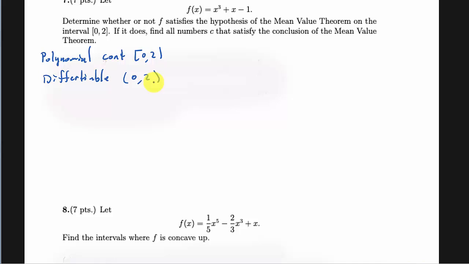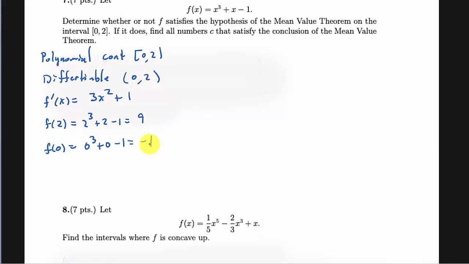All right, so here we go. So remember the mean value theorem. We're gonna need f prime of x, which is 3x squared plus 1. We're gonna need to know what f of 2 is. And I'll write the formula up there in a minute, but that's 2 cubed plus 2 minus 1, which is 9, and we're going to need to know f of 0, which is 0 cubed plus 0 minus 1, which is negative 1.